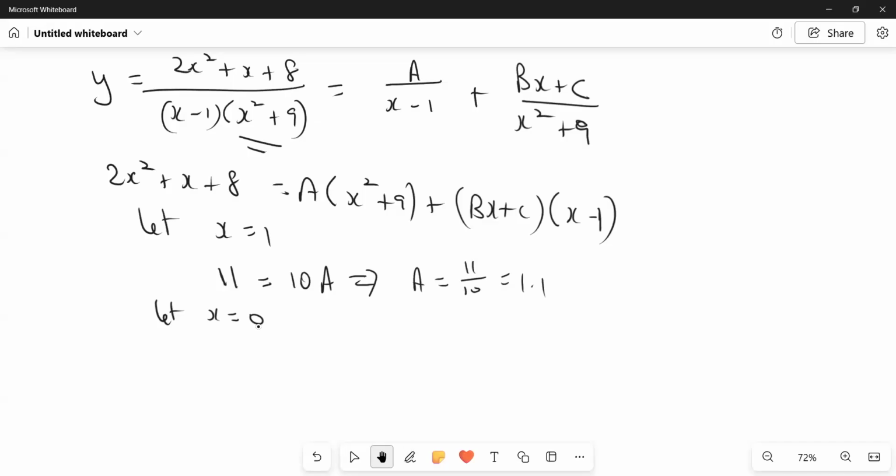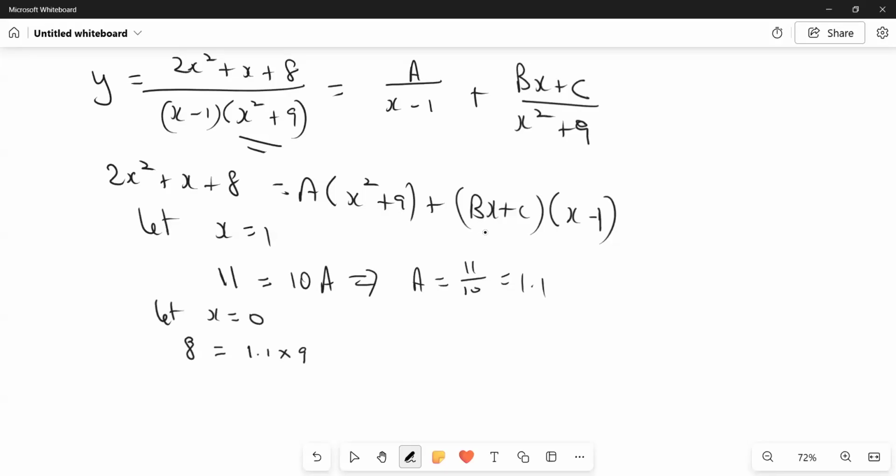That kills all of these over here, and you get 8 equal to, x is 0, so this is gone, and you get 1.1 by 9.